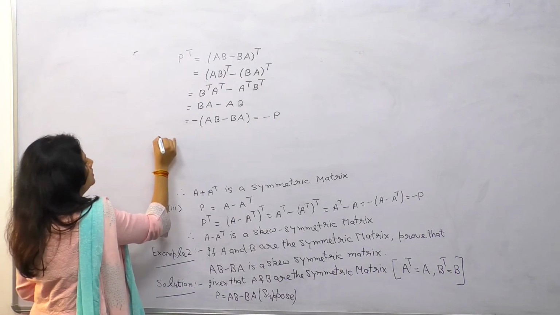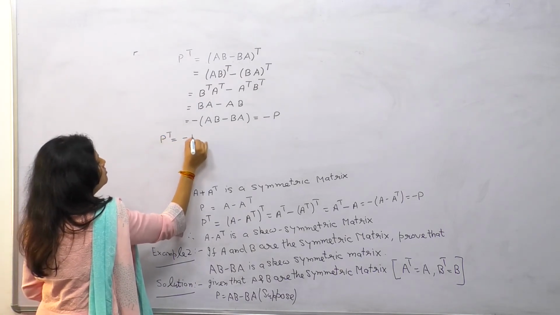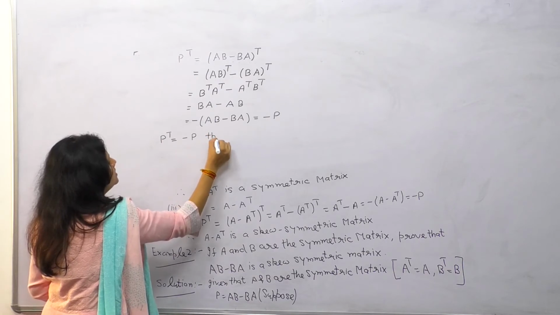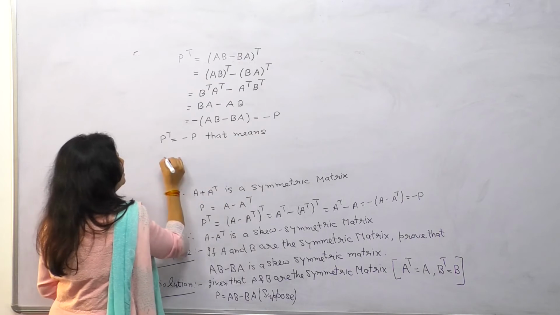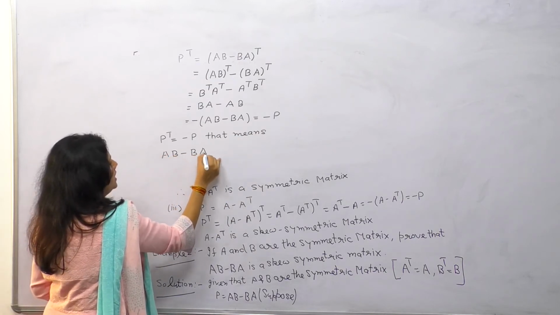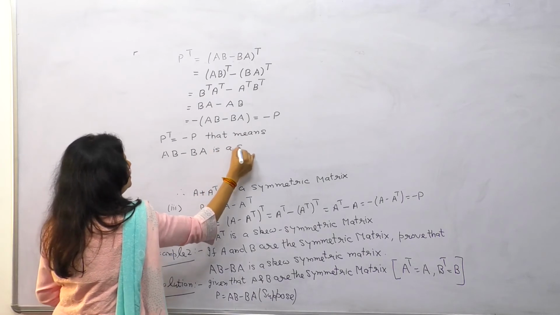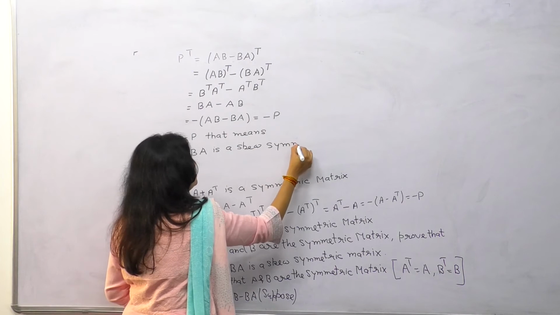Hence here P transpose is equal to minus P. That means AB minus BA is a skew symmetric matrix.